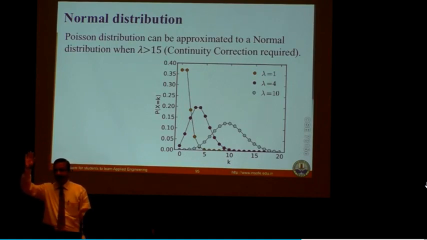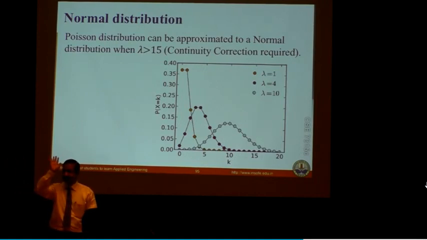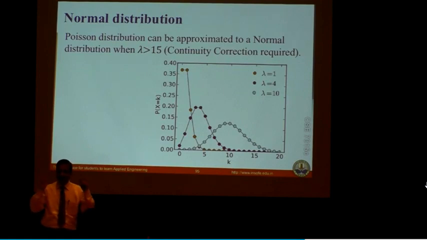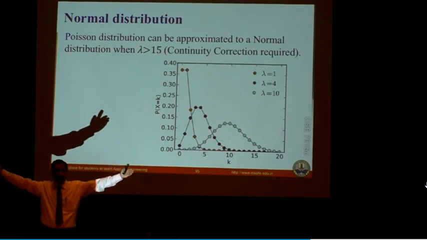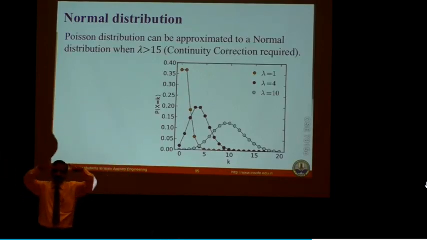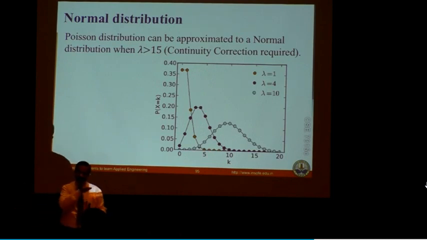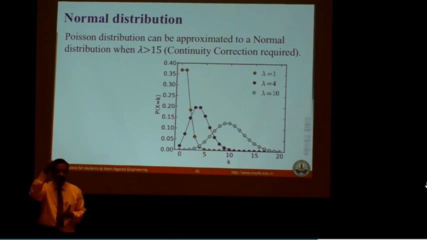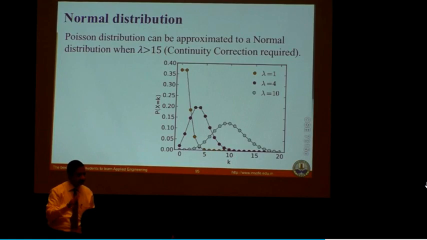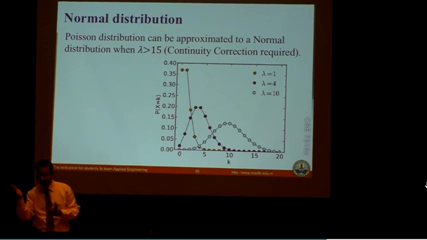68, 95, 99.7, which means 68% of the data is within plus minus 1 standard deviation from the mean, 95% within plus minus 2, and 99.7% within plus minus 3. But whatever it is, I am either interested in finding the x-axis value or the area under the curve. P norm gives me the area under the curve corresponding to the x-axis value I am interested in. Area is always to the left. If I am interested in the right, 1 minus that.